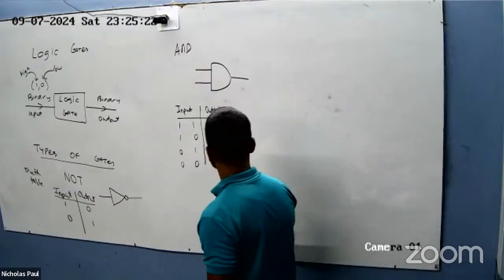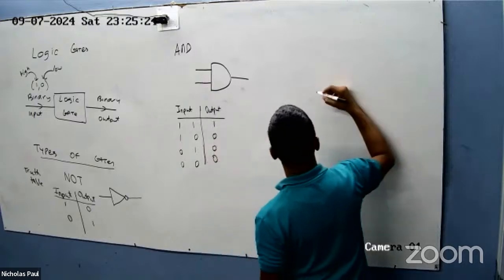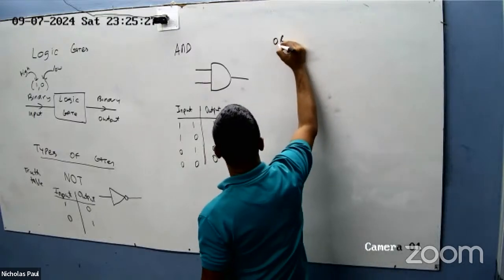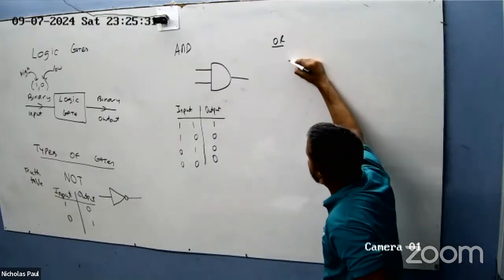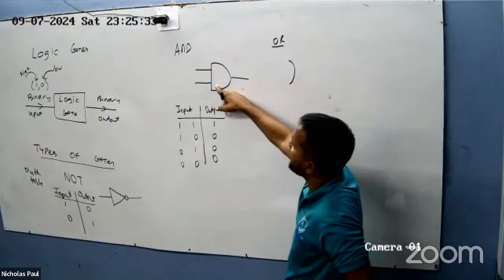Next gate, we have an OR gate. The OR is a little bit different. There's a curve back. So the straight, here's curve.